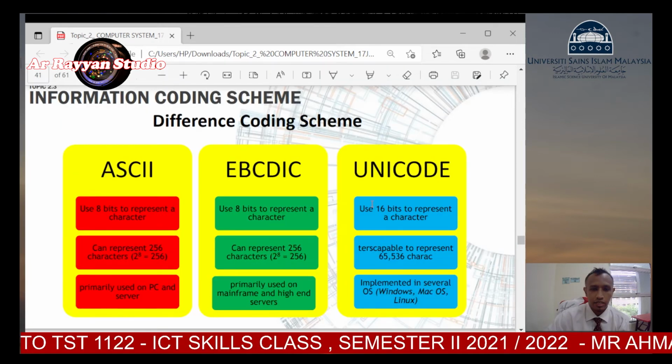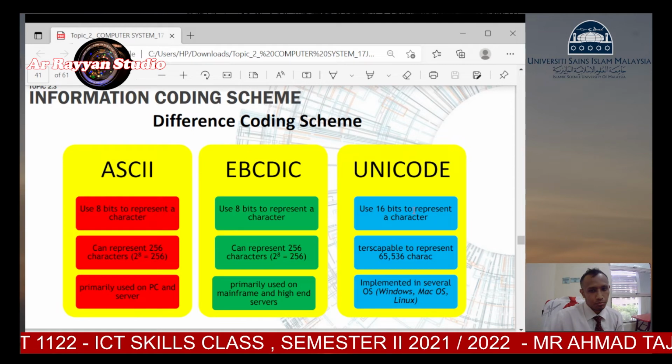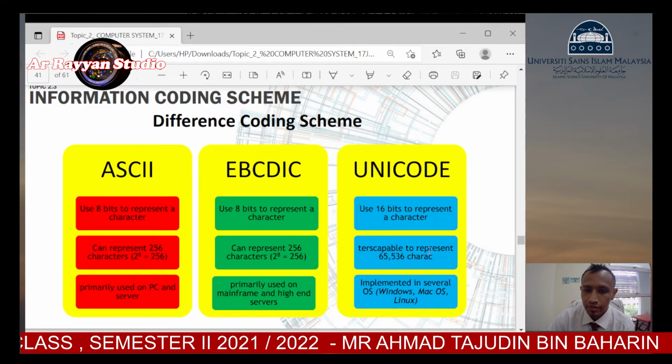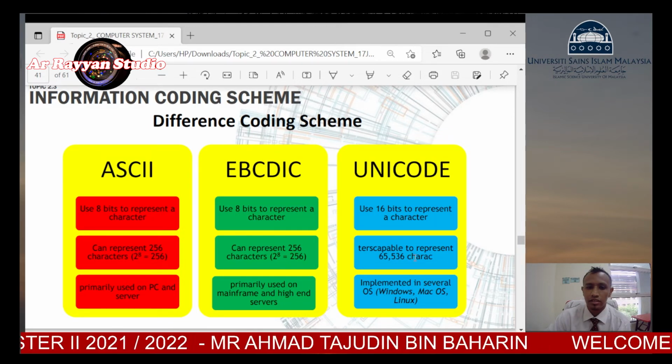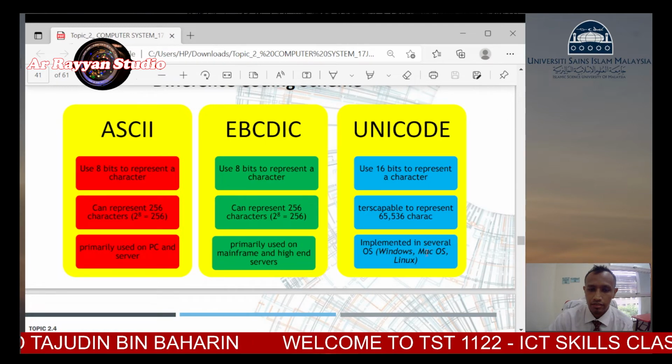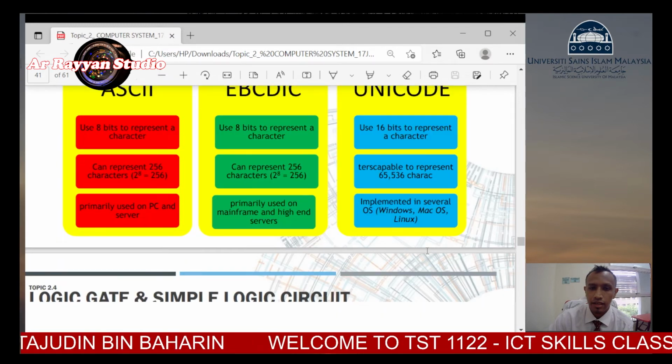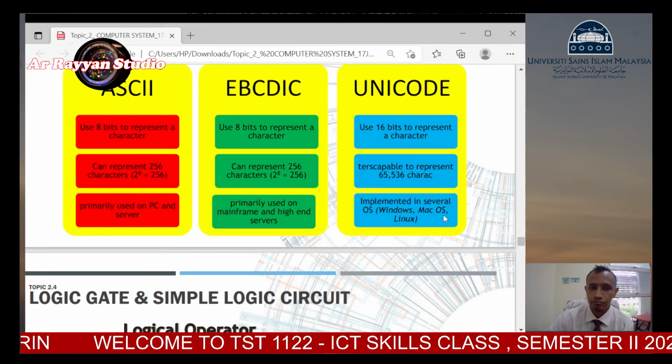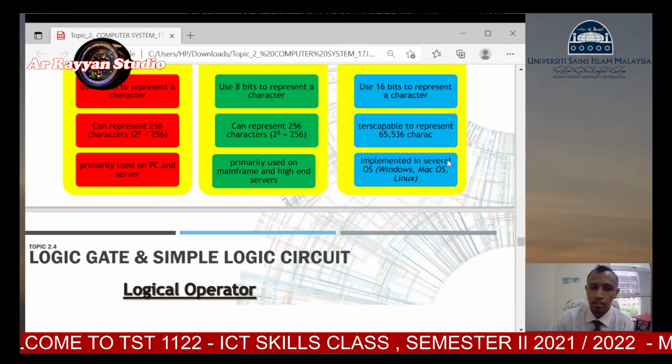Unicode use 16 bits to represent a character and thus capable to represent 65,536 character. Right, it is implemented in several operating systems such as Windows, Mac OS and Linux. Unicode also used in the PC and server.